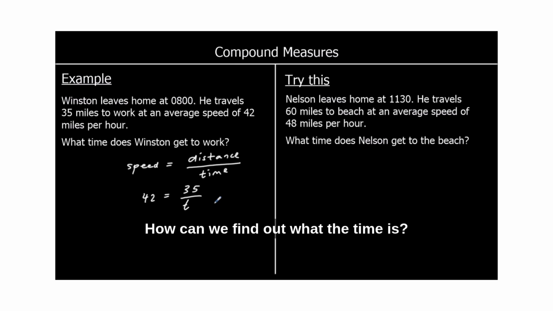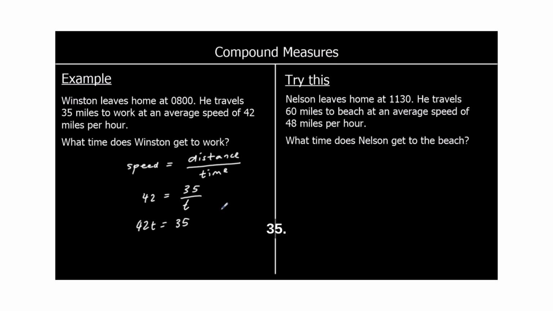How can we find out what the time is? If we multiply both sides by t, we get 42t equals 35. And we've got 42 multiplied by t. To get rid of a multiplication, we divide. So divide both sides by 42, which gives us a time of 35 over 42.